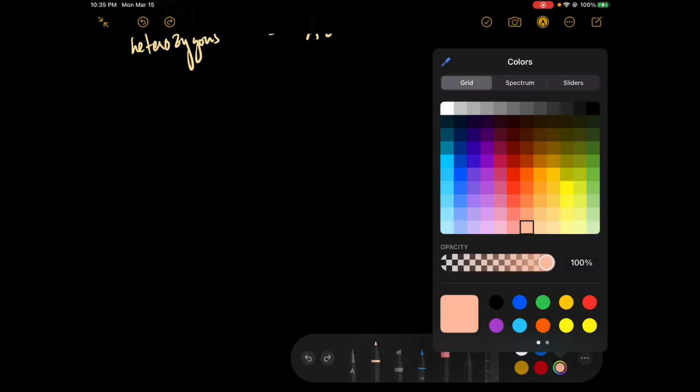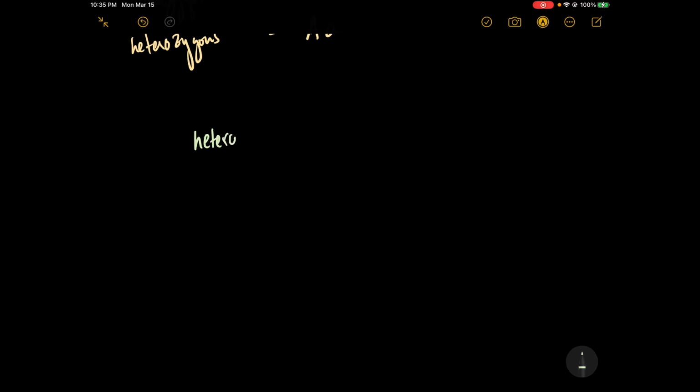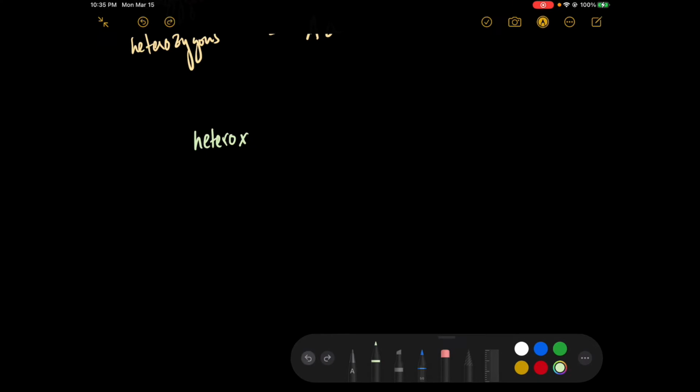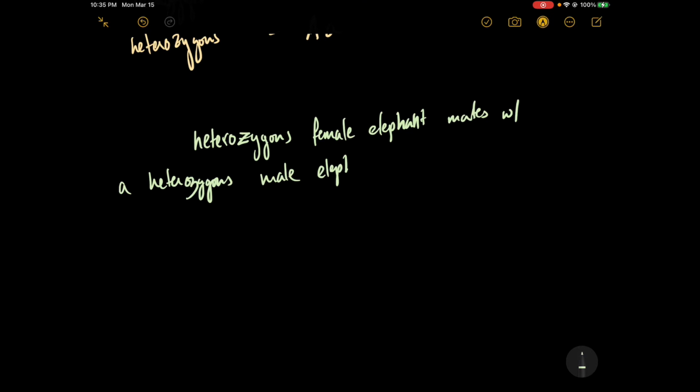Let's say that a heterozygous female elephant mates with a heterozygous male elephant, assuming this is heterozygous for skin roughness, the roughness of the skin.